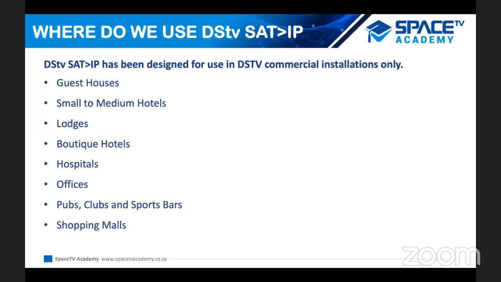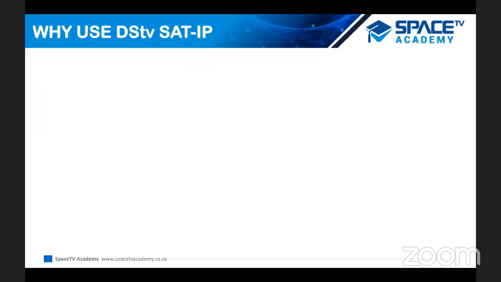And I'm sure there are others, but it's all commercial installations, and it may not be used in a domestic environment. So it's not designed for your affluent customers that want 10 decoders in their homes. It is only used for commercial applications.